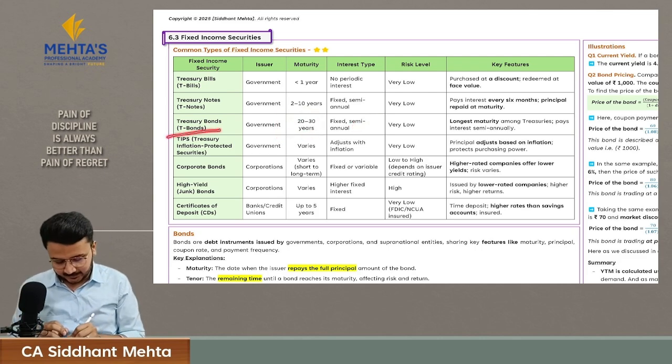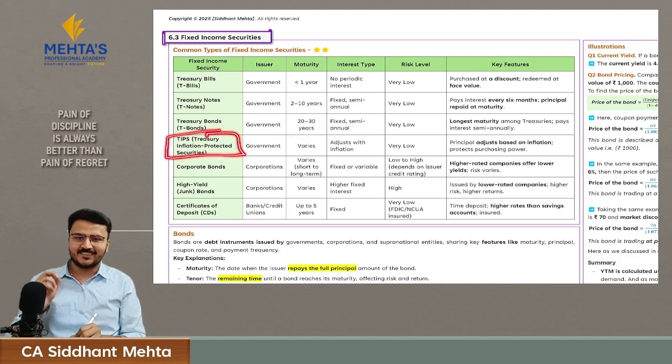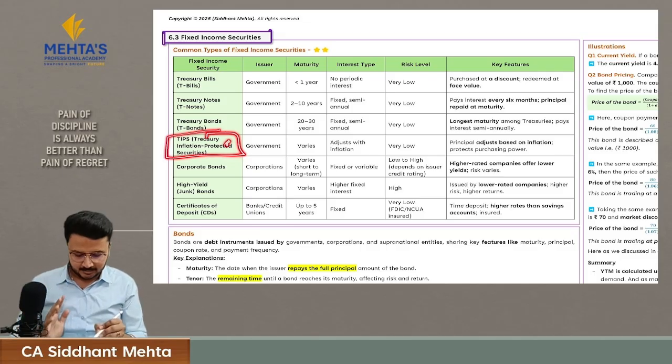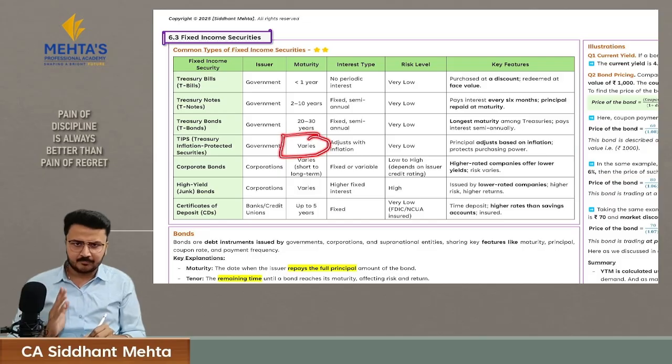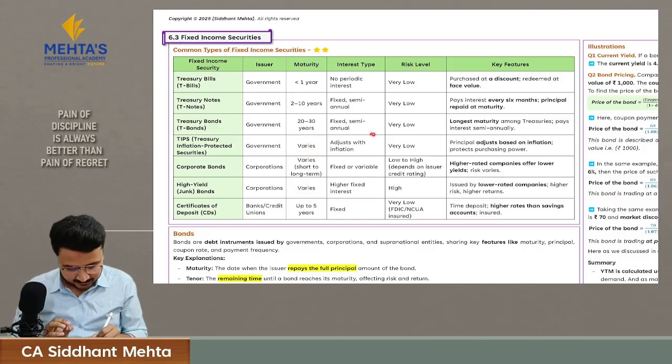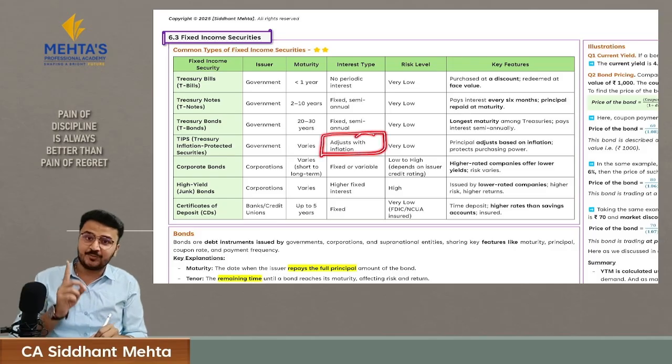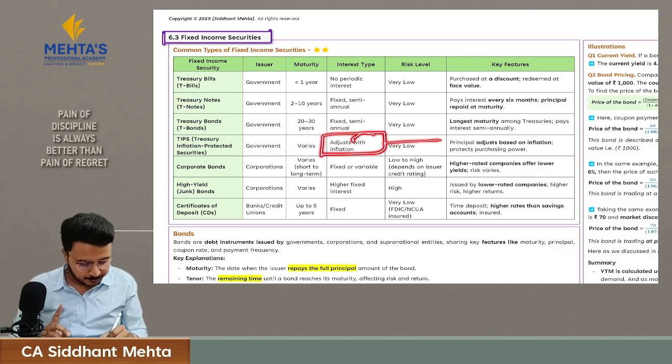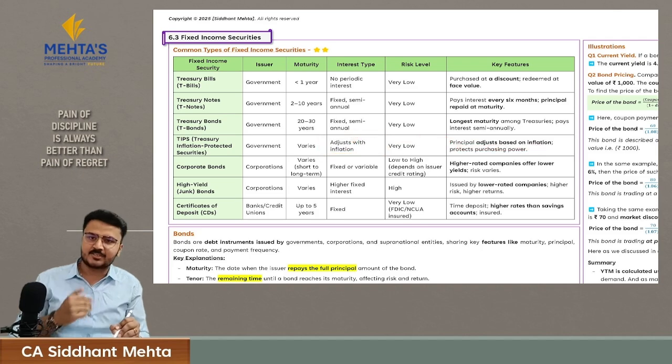And then there are the most interesting securities, that is TIPS, Treasury Inflation Protected Securities. Here the maturity will vary, either it can be short term or long term, but the most interesting thing is here the interest will be adjusted with inflation, because your principal will be adjusted based on inflation.